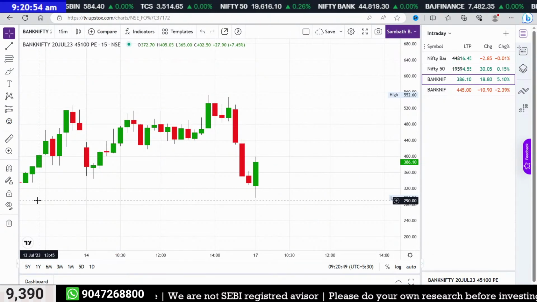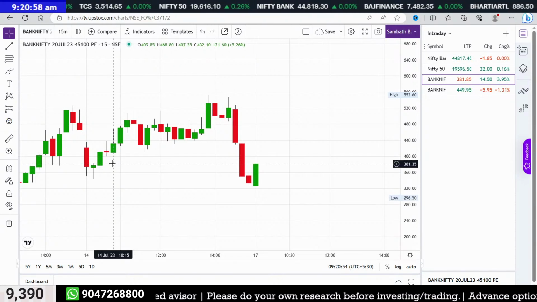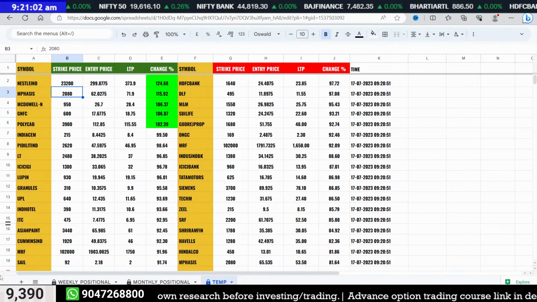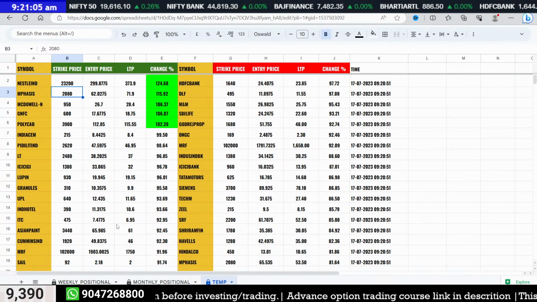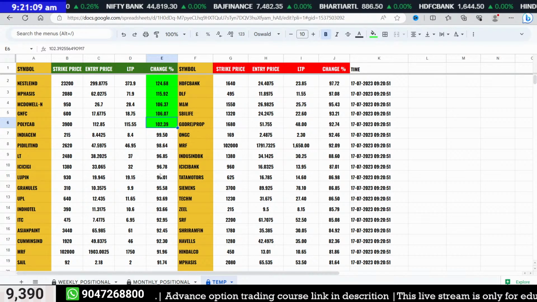Bank Nifty 386, that should be the premium. So overall very flat. Even though it started positive, it doesn't give chances for an upside move. These are all the stocks that triggered earlier, before 9:30.